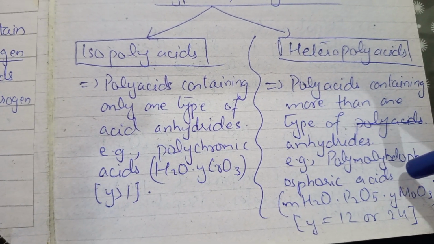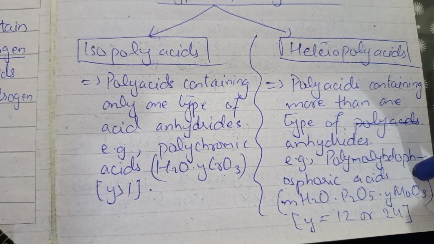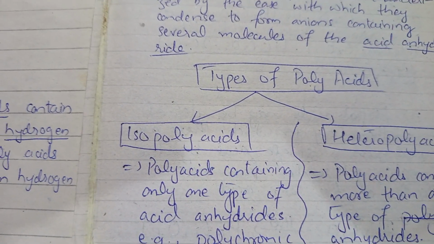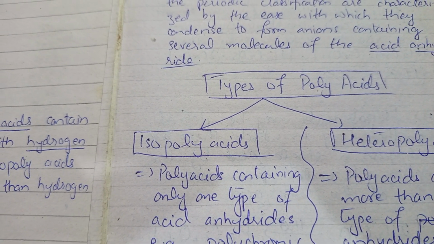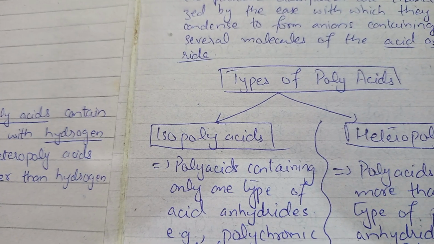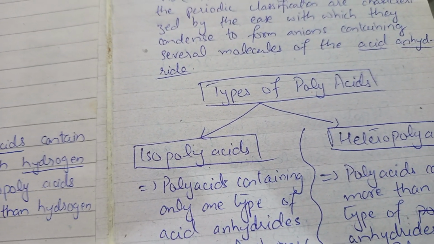For instance, polymolybdophosphoric acid. Here we have its formula. In other words, isopolyacids contain only one metal along with hydrogen and oxygen, while heteropolyacids contain two elements other than hydrogen and oxygen, right?